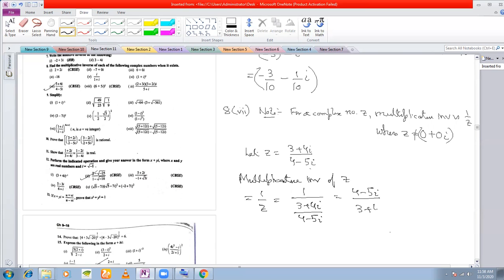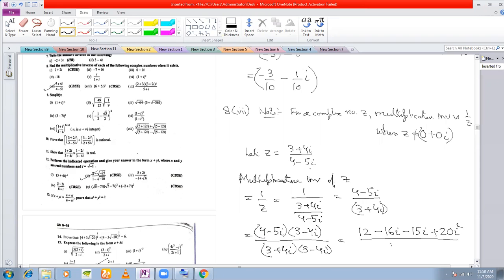3 plus 4i. Now you can write this in the form a plus ib by the same usual technique. You multiply the numerator and denominator by 3 minus 4i to get a plus b into a minus b in the denominator, and then you get 12 minus 16i minus 15i plus 20i square divided by 9 minus 16i square.